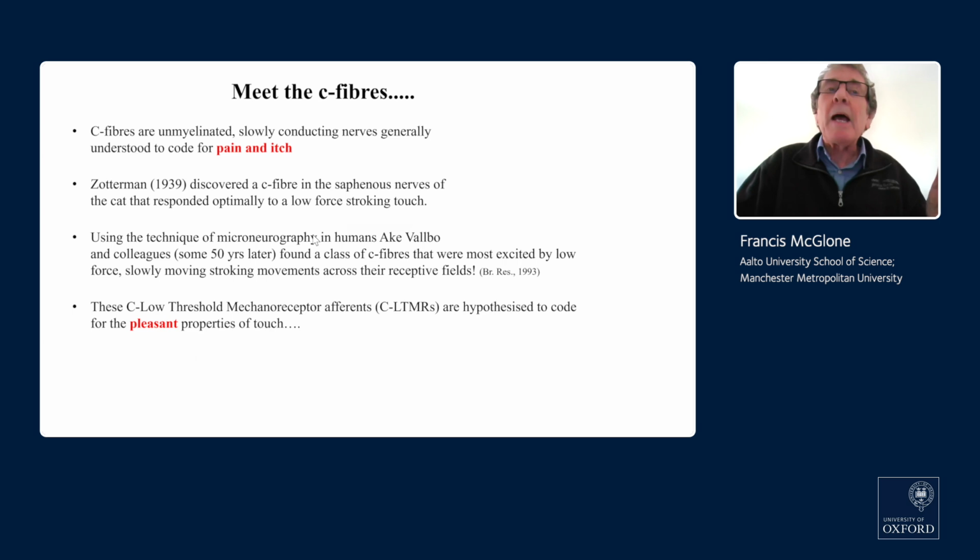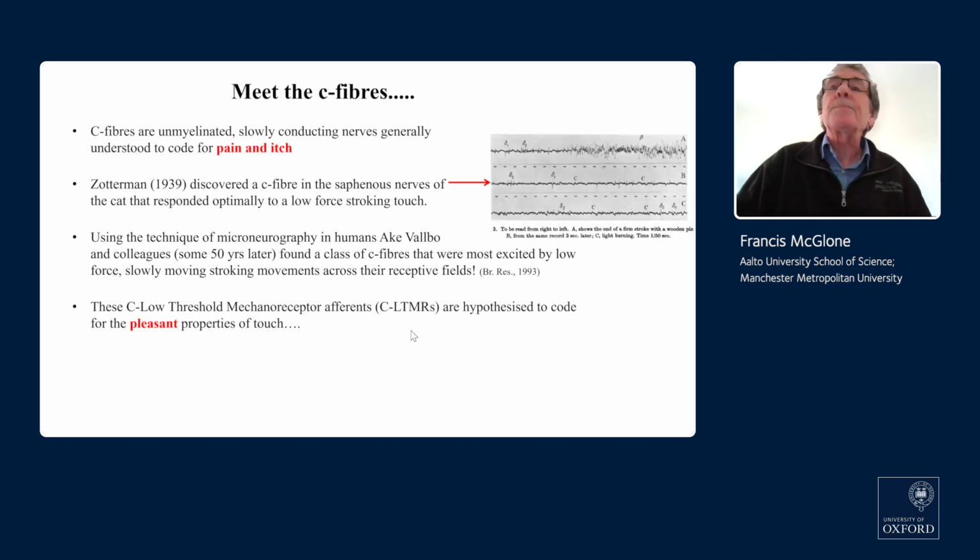There was a massive gap until another Swede developed this phenomenal technique of microneurography, which I'll speak about in a moment, where they identified exactly that kind of C fiber in humans. Only in the late 1980s and 1990s was this nerve fiber discovered. These are the C low threshold mechanoreceptors, the CLTMRs, and are hypothesized to code for the rewarding properties of touch.